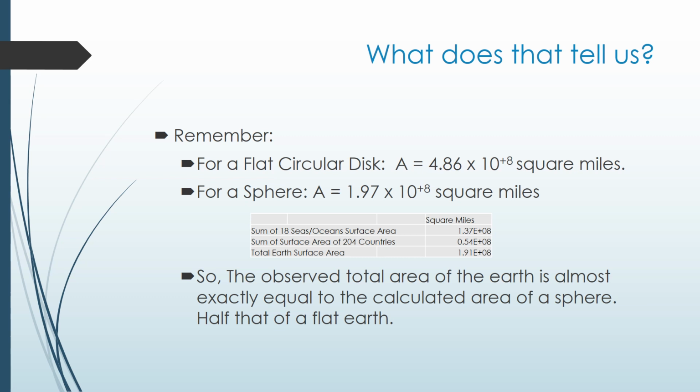Again, 1.91, much closer to 1.97 than it is to 4.86. So I think it's clearly obvious that the surface area of the Earth in reality is almost equal to the calculated area of a sphere with the appropriate radius. At least half that of what the flat Earth would report.